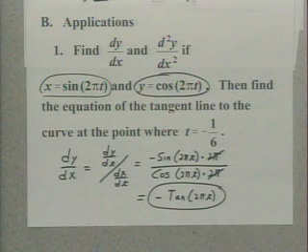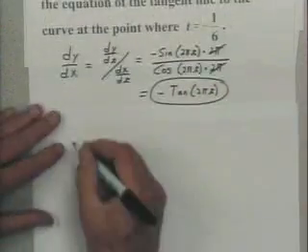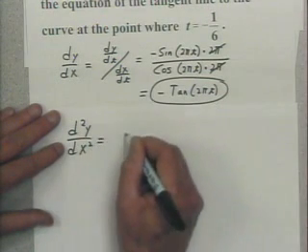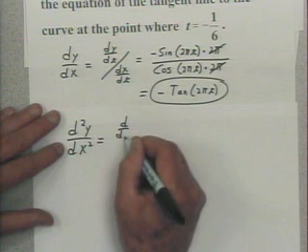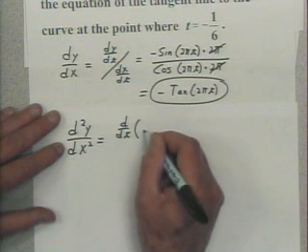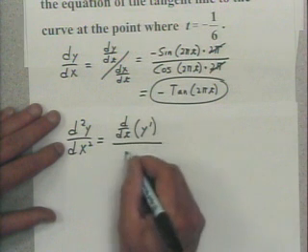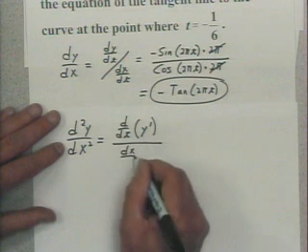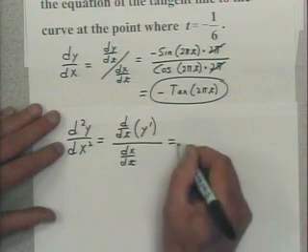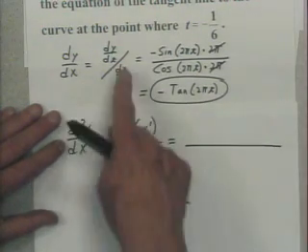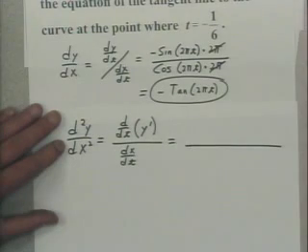Okay, then how do you get the second derivative? Well, the second derivative, you take the derivative with respect to t of whatever y prime was, and then you divide it by the derivative of x with respect to t. So I already know the denominator, don't I? Because I already did dx over dt.